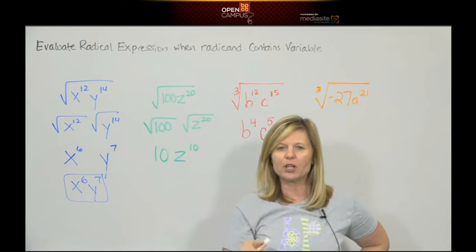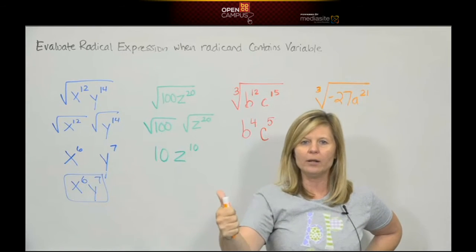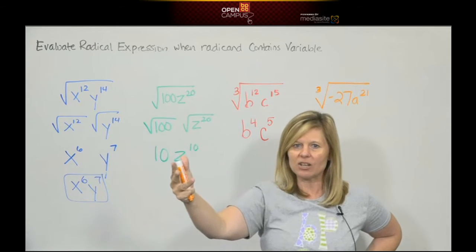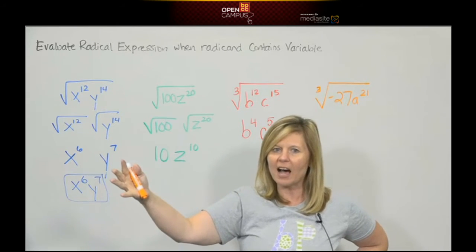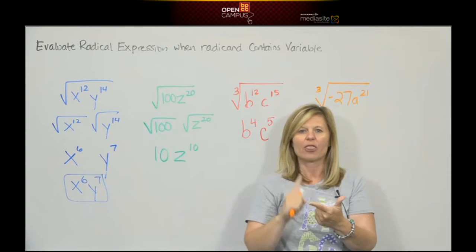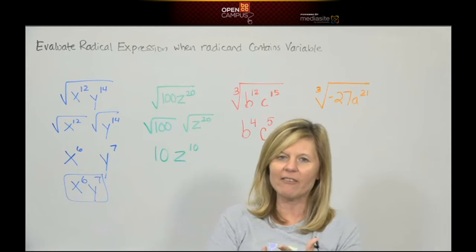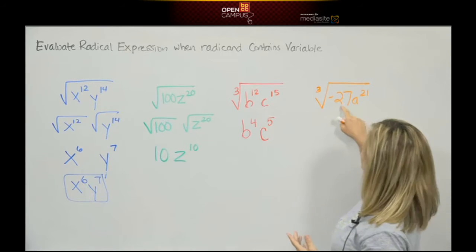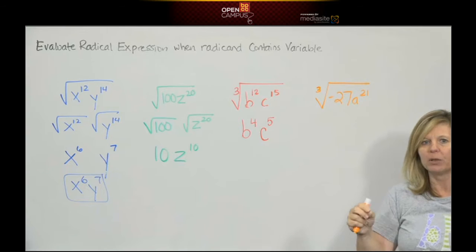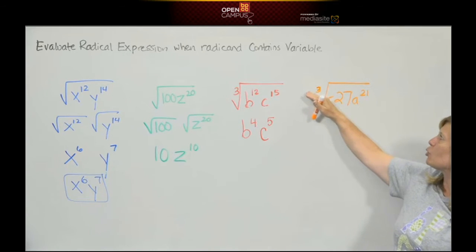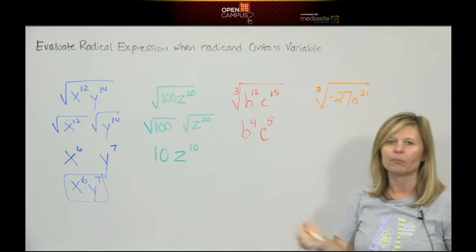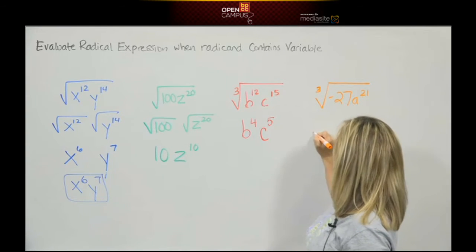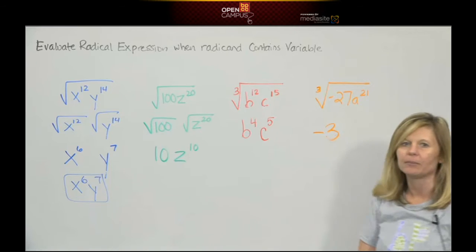So your perfect cube numbers are 1, 8, 27, 64, 125, 216, 343, 512, 729, 1000. 27 is on the perfect cube list. Now, we talked about this. You can cube root a negative number. What number do we multiply 3 times to give us negative 27? That would be negative 3.